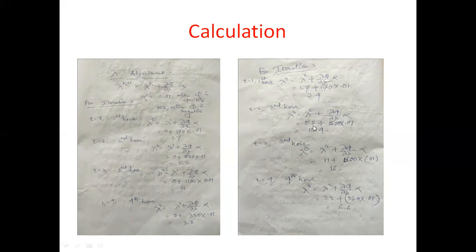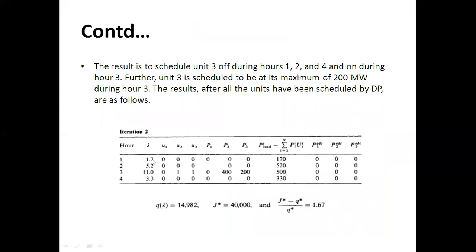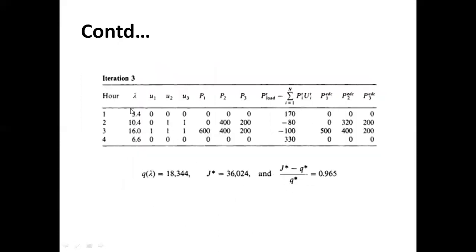So that is 3.4. In the same way it is 5.2 plus 520 into 0.01, 11.0 plus 500 into 0.01, that is 16, and 3.3 plus 330 into 0.01, that is 6.6 for hour 4. In this way the entire new table for iteration 3 is calculated.